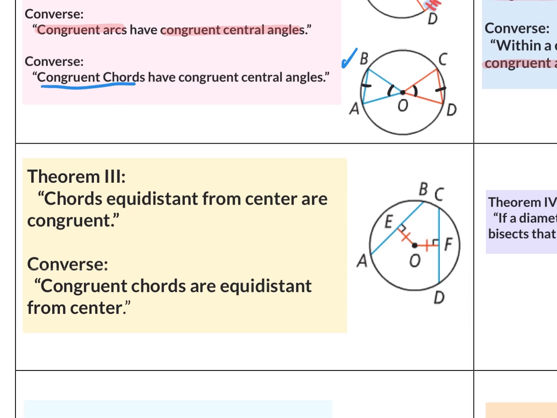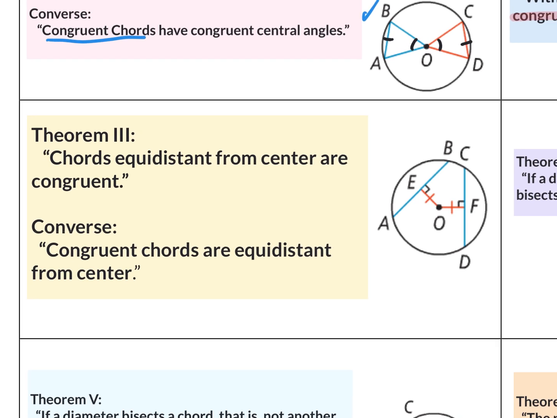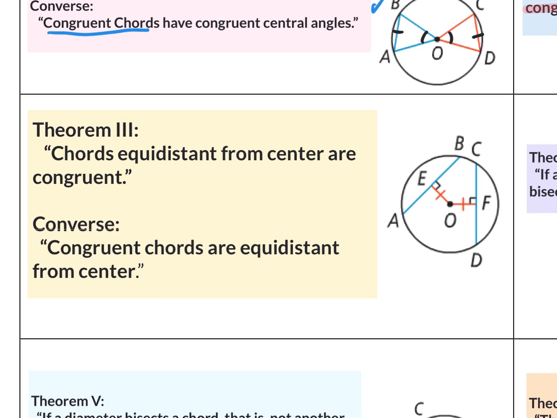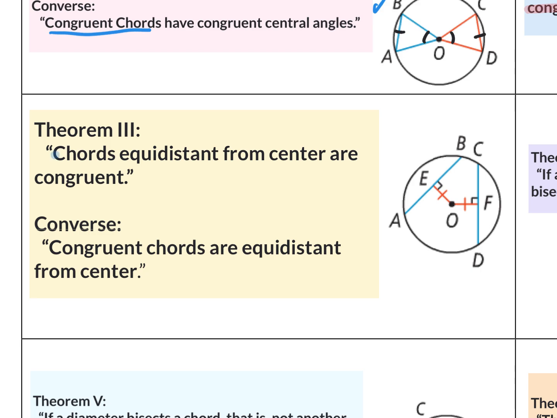The third theorem says that chords equidistant from the center are congruent, and conversely, congruent chords are equidistant from the center. If you look at chord AB and chord CD, we can say that they are congruent because they are equidistant from the center.